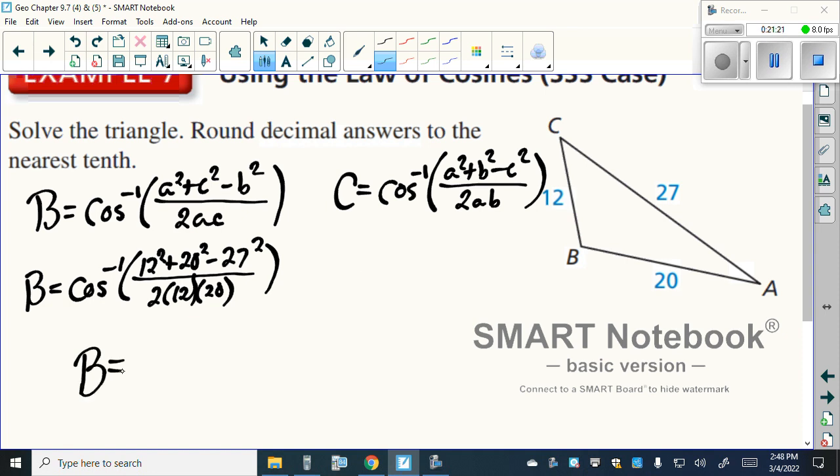And well, at this point here, once we plug in those values for A, B, and C in their corresponding places, we can type it into the calculator.